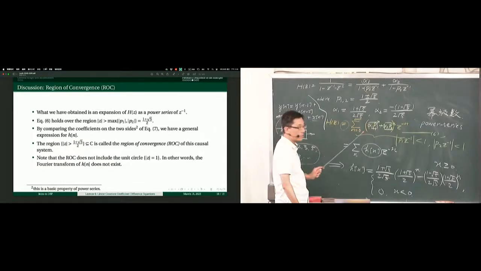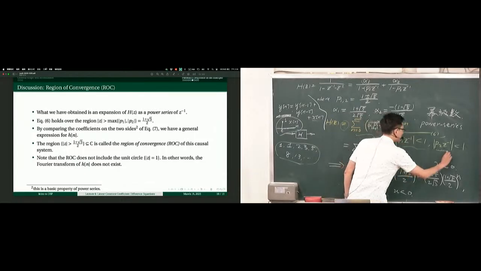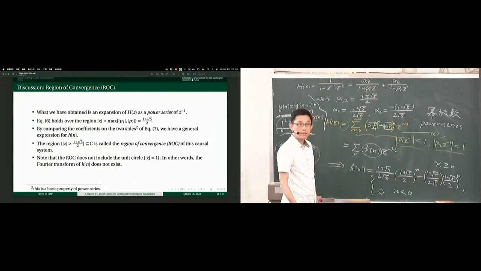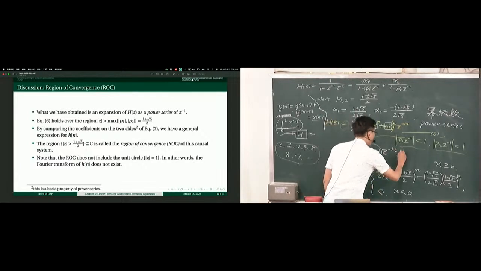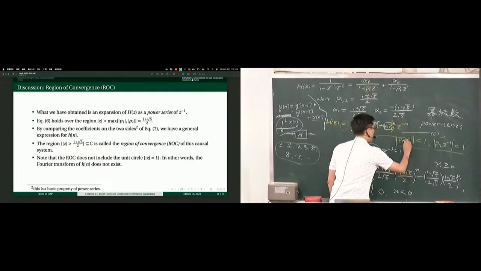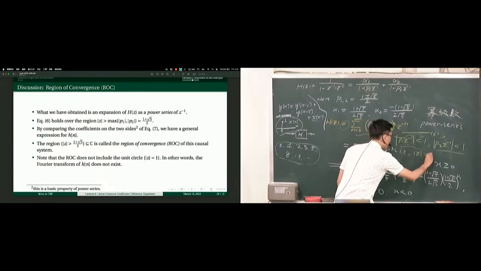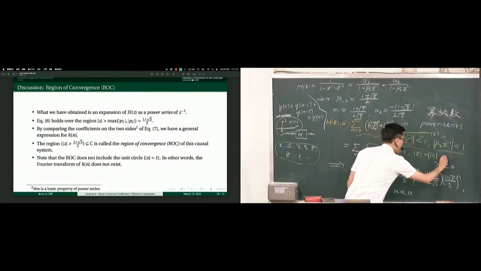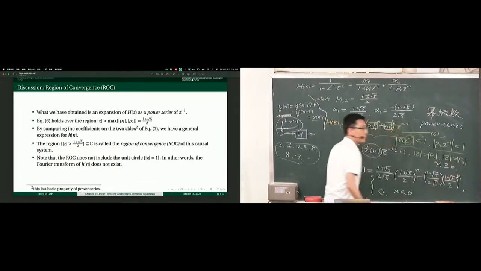Equation 6 holds only if both conditions are satisfied. Or equivalently, in other words, if we move z to the right-hand side, the equality holds only when the absolute value of z is greater than the absolute value of p1, and z also has to be greater than the absolute value of p2.